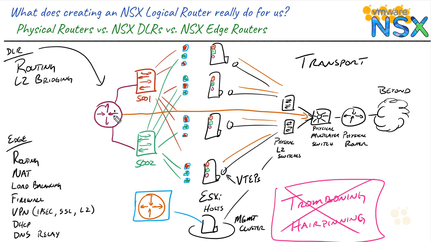So what we see from this is that the DLR is really designed and positioned to support east-west routing, which is referring primarily to its ability to route between VXLANs in this case, whereas our edge routers are positioned for performing north-south routing. Another way to think of it is as a perimeter router.